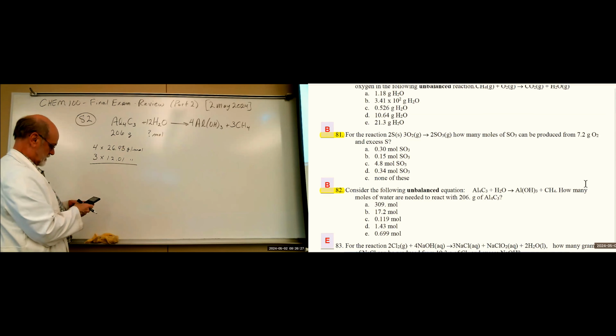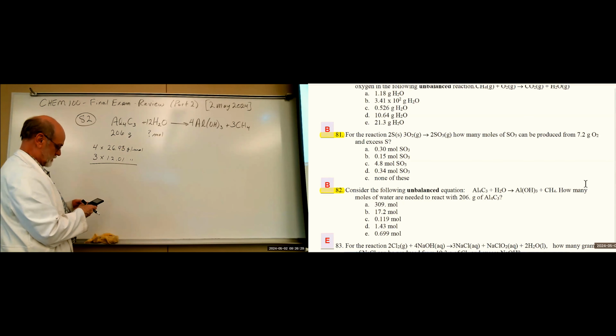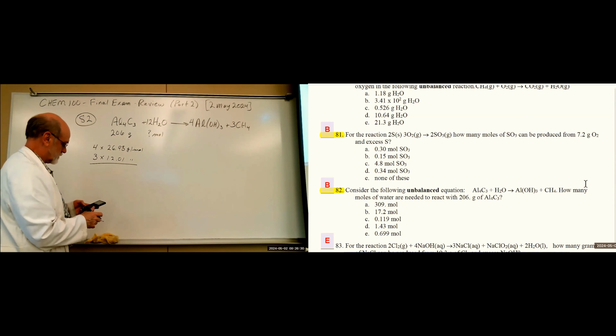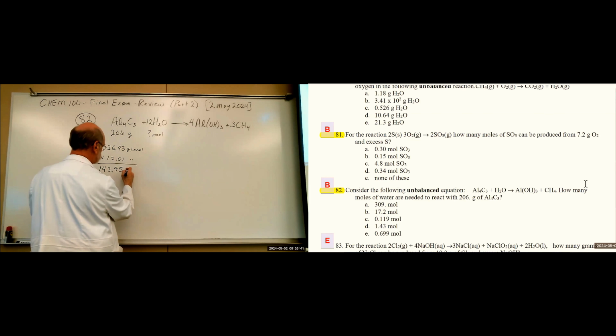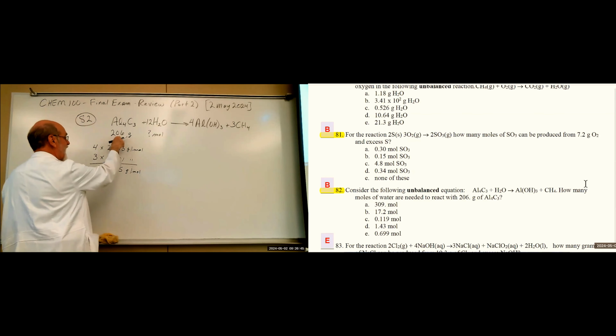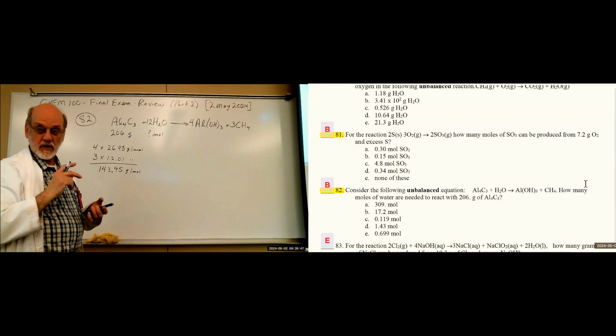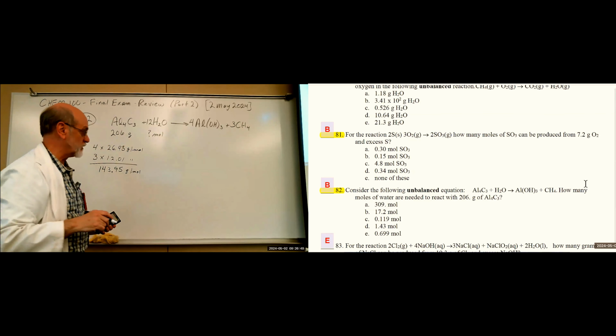So I get 143.95 grams per mole. Now we can convert that grams of aluminum carbide to moles of aluminum carbide.